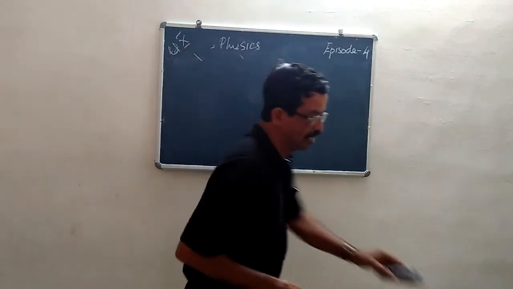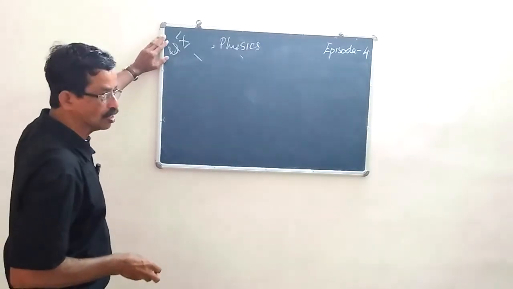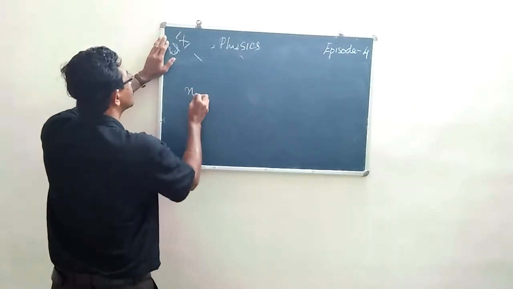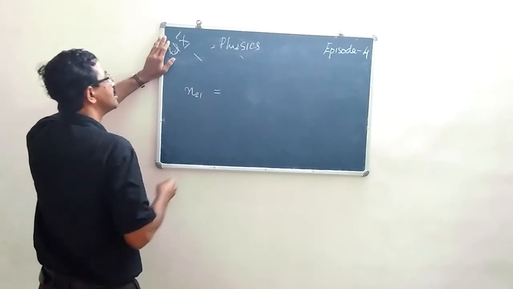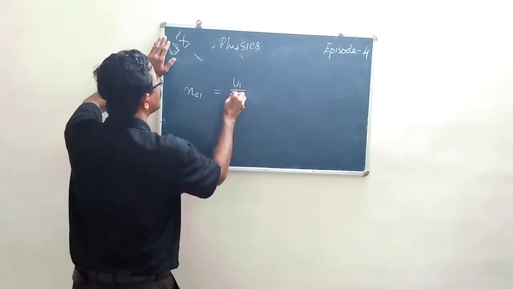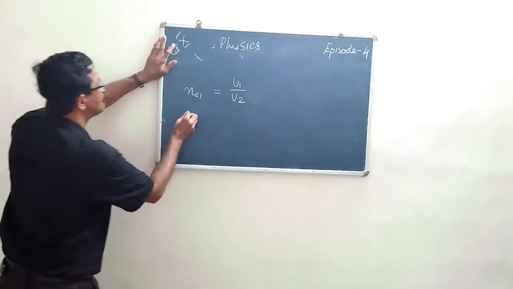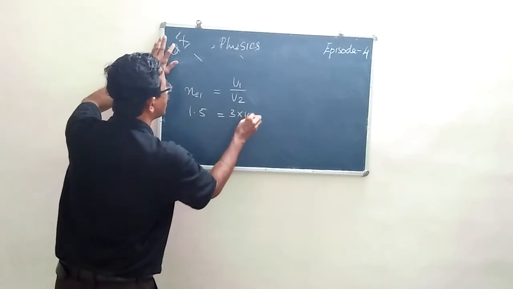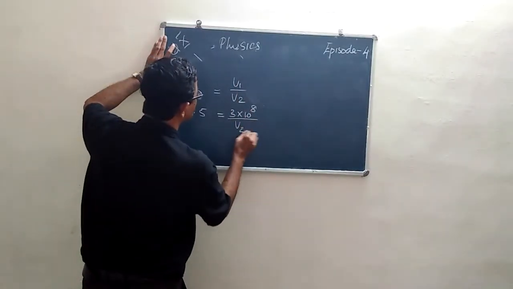That means the refractive index of glass with respect to air is 1.50. Refractive index, second medium glass, first air, is equal to V1 by V2. So n21, given as 1.5, is equal to 3 into 10 raised to 8, the speed of light, by V2, which is the speed of light in glass.